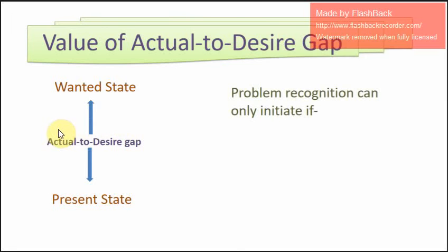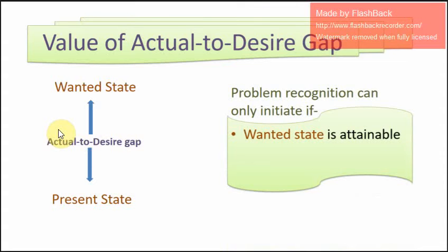Therefore, problem recognition can only initiate if the wanted state is attainable, which means if this actual to desire gap is too much, the consumer may feel that her present state is too far from her wanted state, which means the gap is too large.